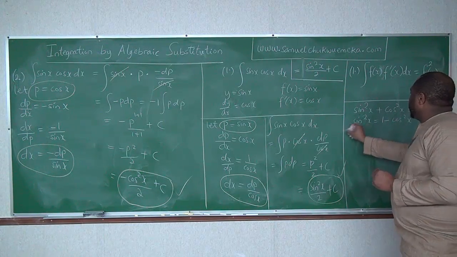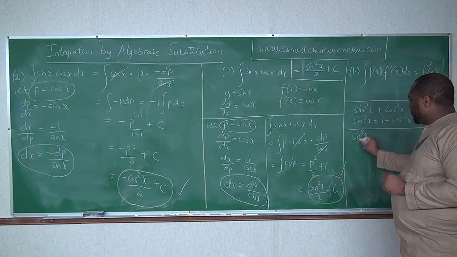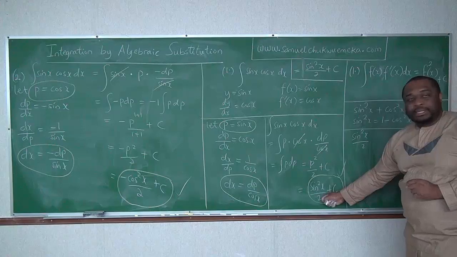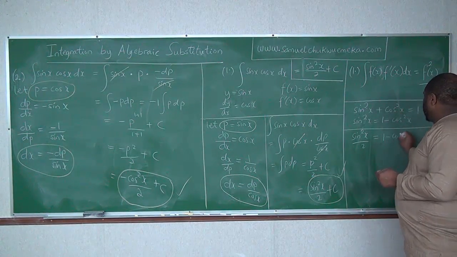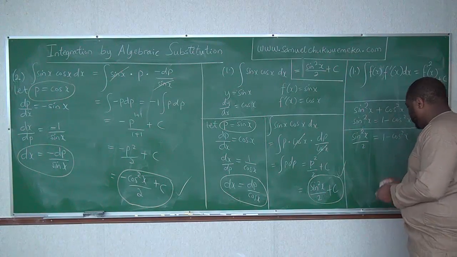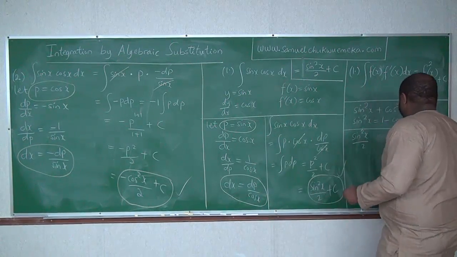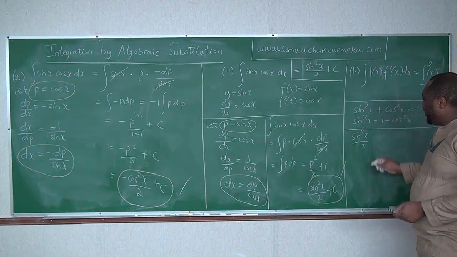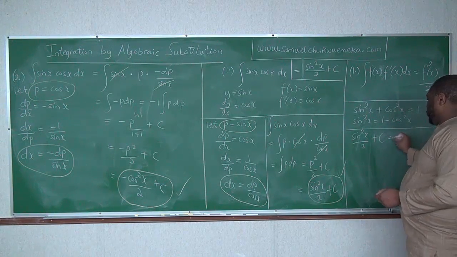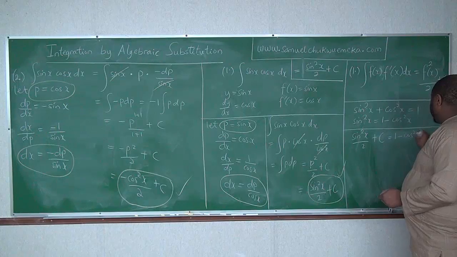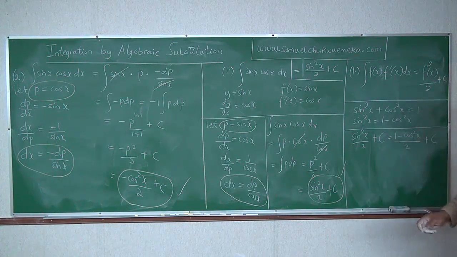Alright, so now when you have sine squared x over 2, like this here, this is 1 minus cos squared x over 2. Let me write plus c, the arbitrary constant. So you have sine squared x over 2 plus the arbitrary constant is equal to 1 minus cos squared x over 2 plus the arbitrary constant.